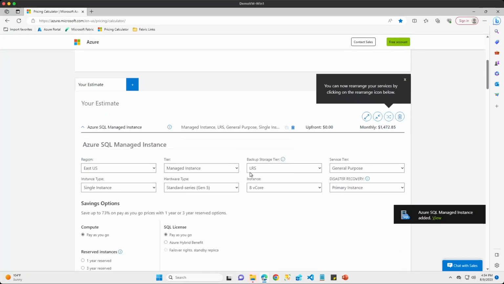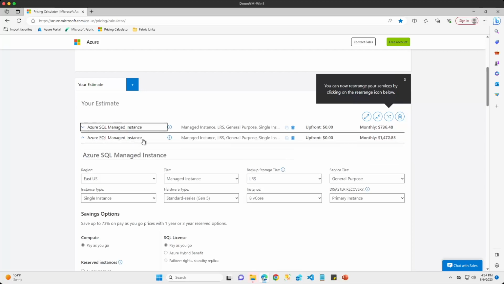For the first one, I'll just leave this as East US, Managed Instance, Locally Redundant Storage, General Purpose tier, and I'm going to change my instance count to 4 vCores. That is all we're going to change on that one. But on my next one, I actually want to change this to the business critical tier, and once again I'm going to drop my instance count down to 4 vCores.